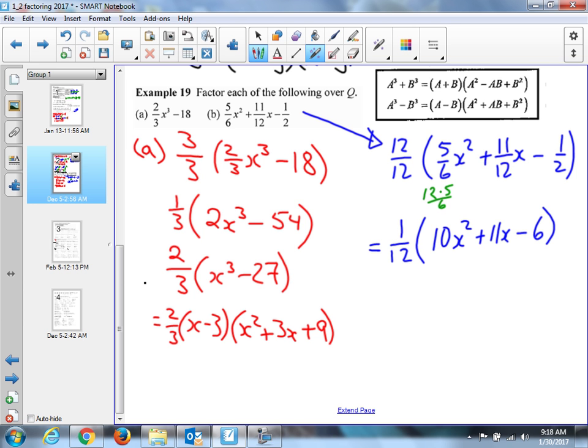So definitely not 1 times 60. Definitely not 2 times 30. 3 times 20. Nope, the difference is 17. 4 times 15. Hey, the difference is 11. That works. Okay. Now, I decompose the middle term.